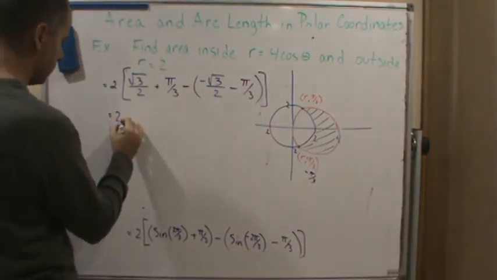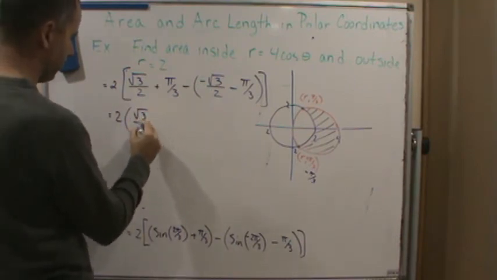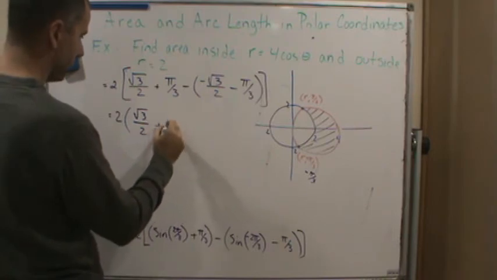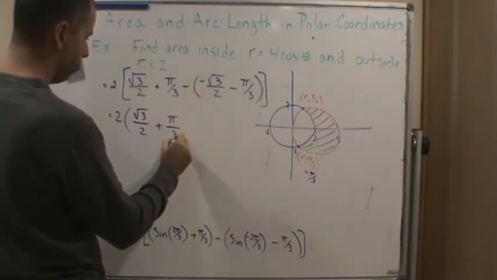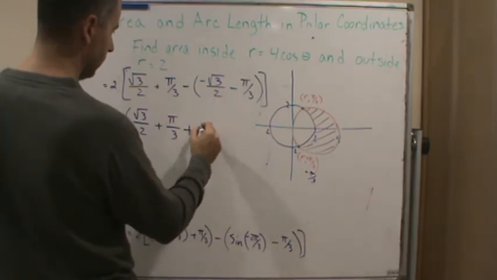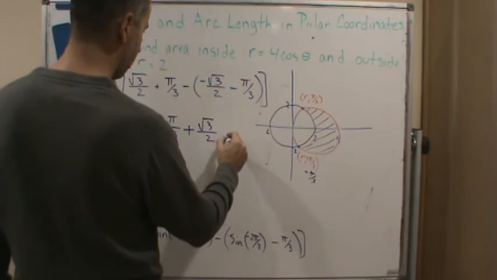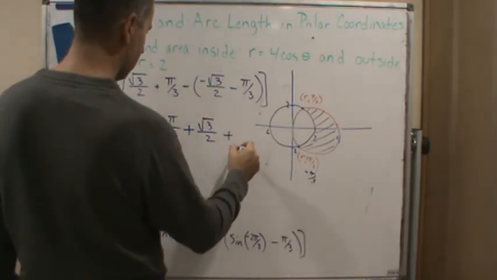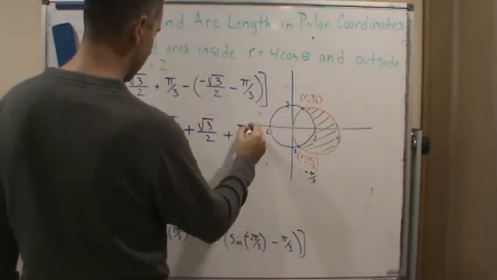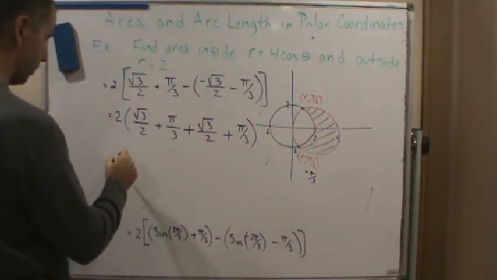So this is going to be 2 times the quantity square root of 3 over 2 plus pi over 3, plus square root of 3 over 2 plus pi over 3. And so if I simplify things, what do I get?